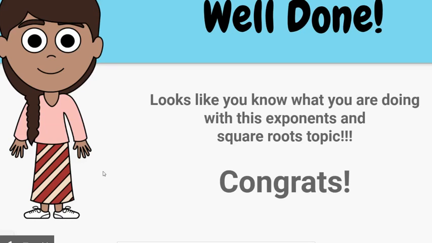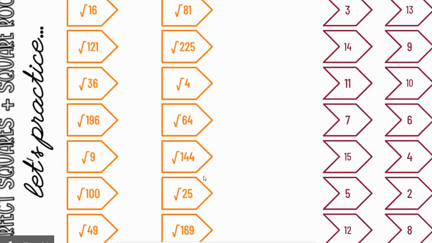So now that we have reviewed and gone through some examples of exponents and square roots, we are going to go ahead and practice ourselves. What you're going to end up doing is the same thing that we've done before, which is going to be a drag and drop type of activity.